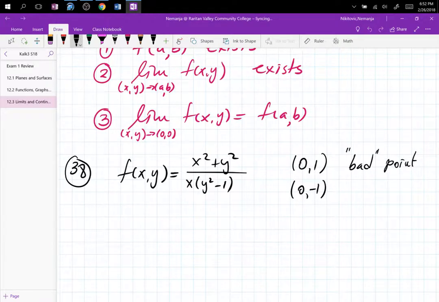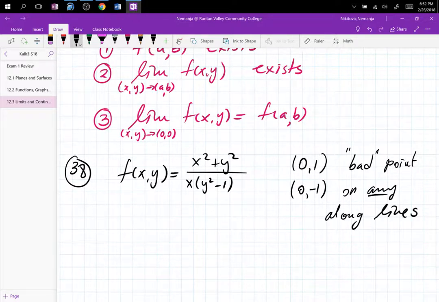So any combination along the lines x equals 0, y equals -1, y equals +1. So there are these three lines in the domain along which you are going to have this.